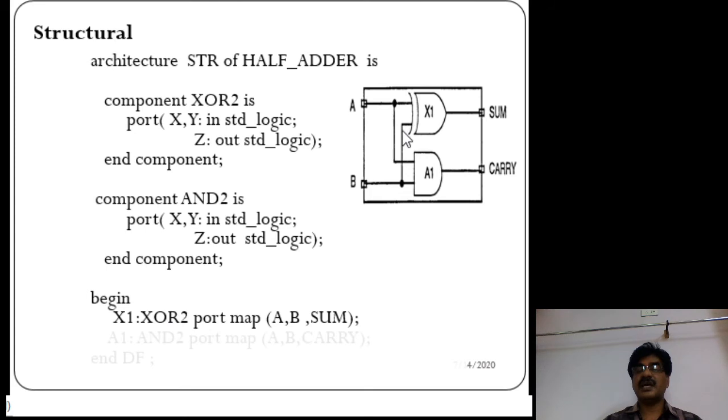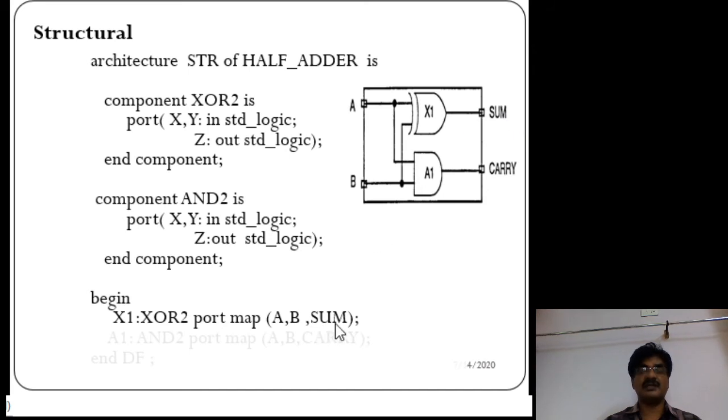That is, what are the inputs for this XOR gate from the entity. By observing this diagram, the XOR gate inputs are A and B. So you directly write A comma B as the inputs, comma, and the output of the XOR gate from this diagram is sum.